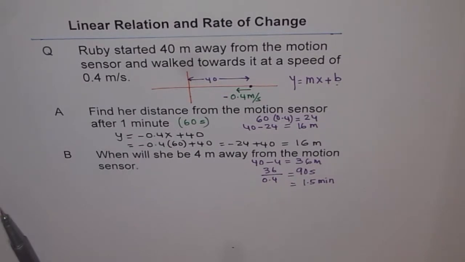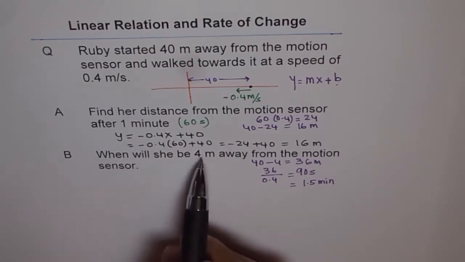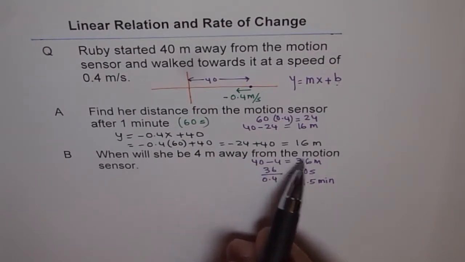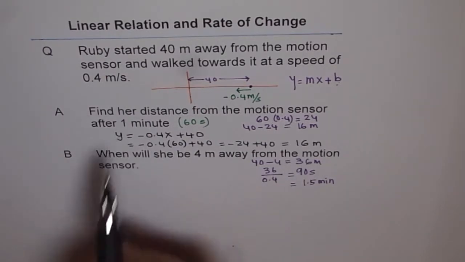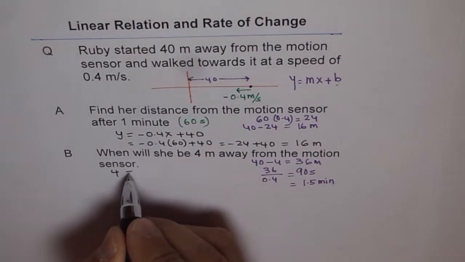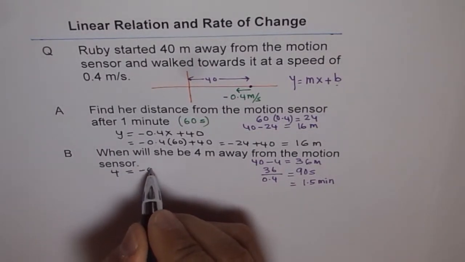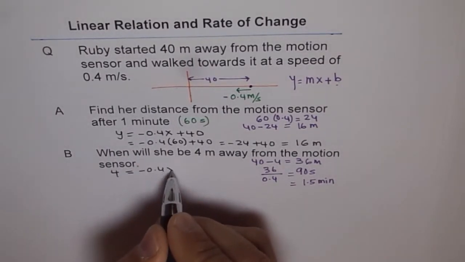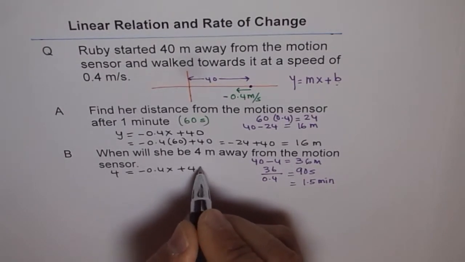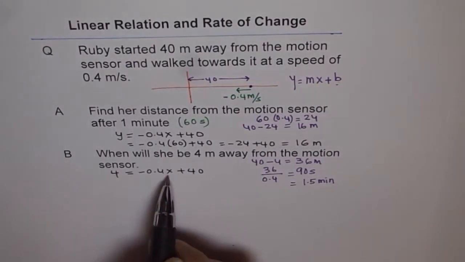The general method, which I prefer, is writing the equation. When will she be 4 meters away from the motion sensor? That means y is 4. So let me write 4 equals minus 0.4x plus 40, correct? Now we'll solve for x.